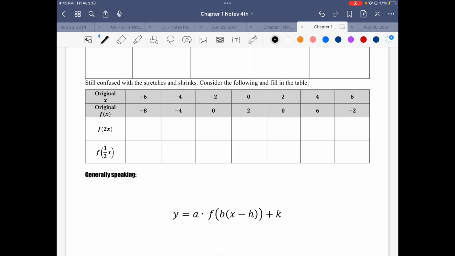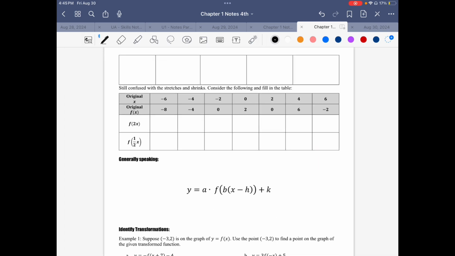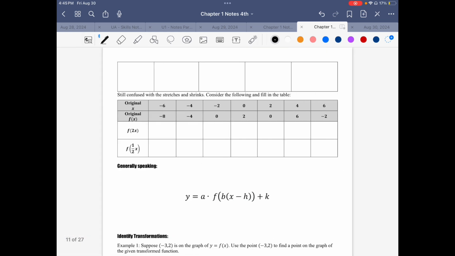So hopefully that's a good refresher for you guys about how the graphs transform a little bit. Let's go over where some of these points ended up. So this one ended up at -3 because it was 1/2 the distance. This one ended up at -12 because it was twice the distance. And that's going to continue to be true.